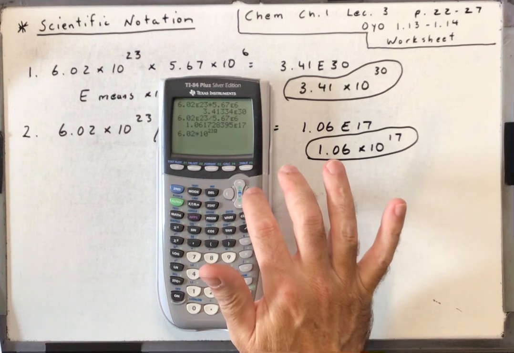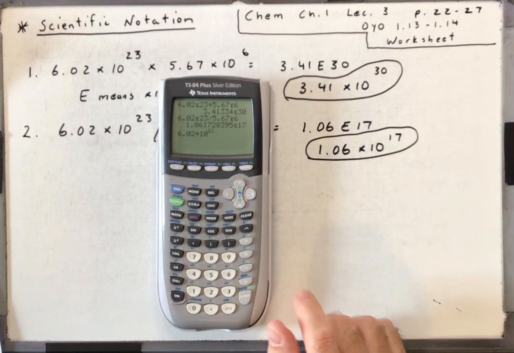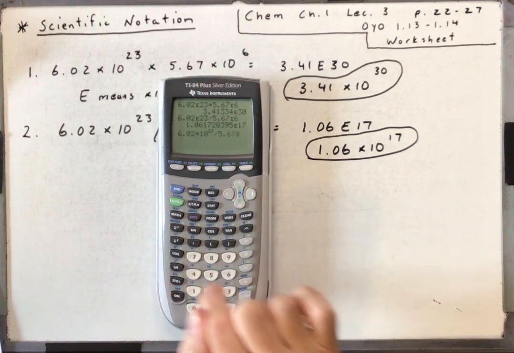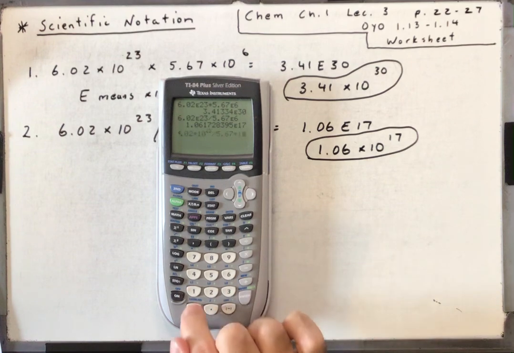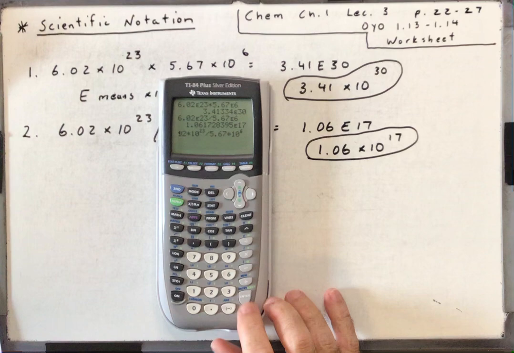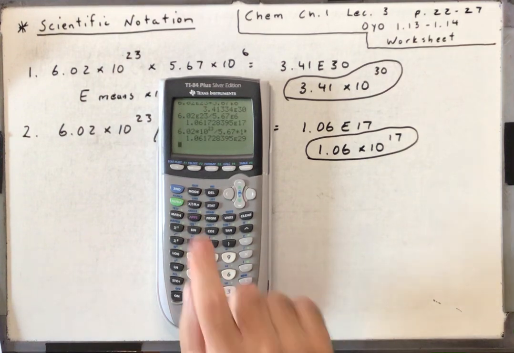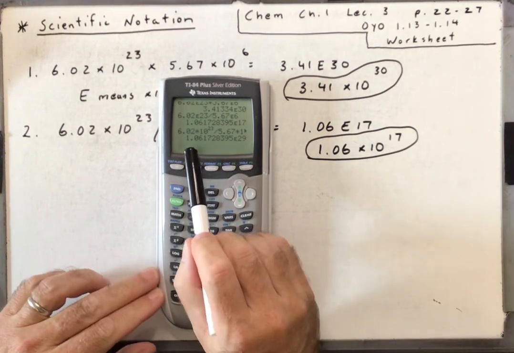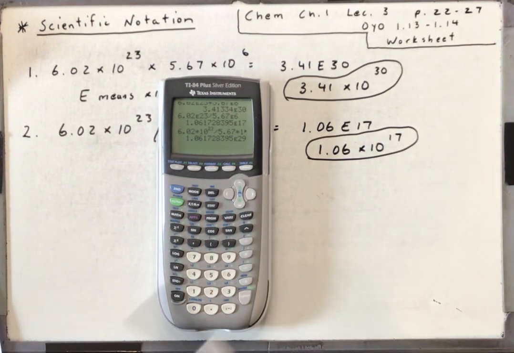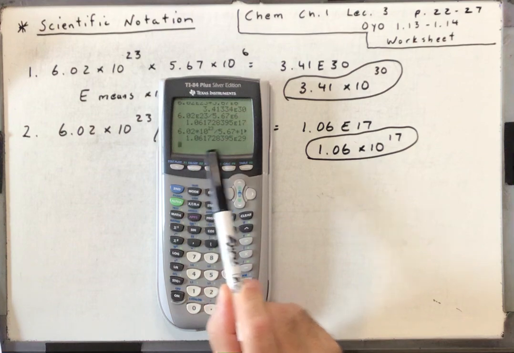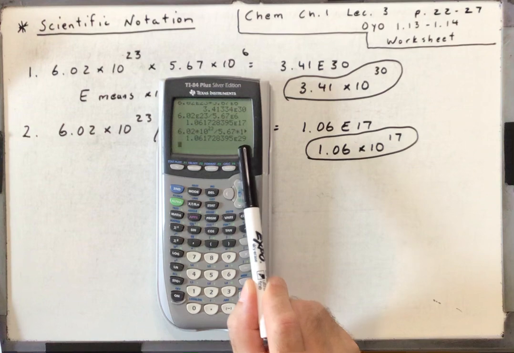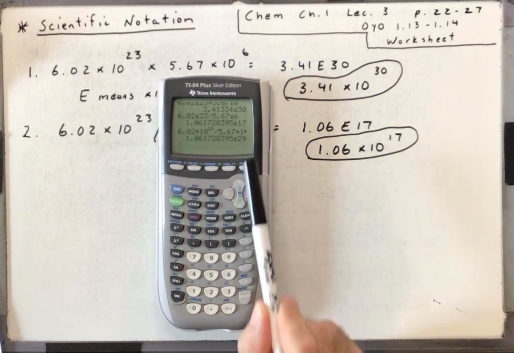And now we have to hit the right arrow to get out of exponent mode, and then divided by 5.67 times 10, and then hit the rooftop to the 6th, and hit enter. See how it gives you 1.06 times 10 to the 29th? That's because it's using an order of operations, and it's dividing by 5.67 first and then multiplying by 10 to the 6th. So the order of operations gets all messed up.